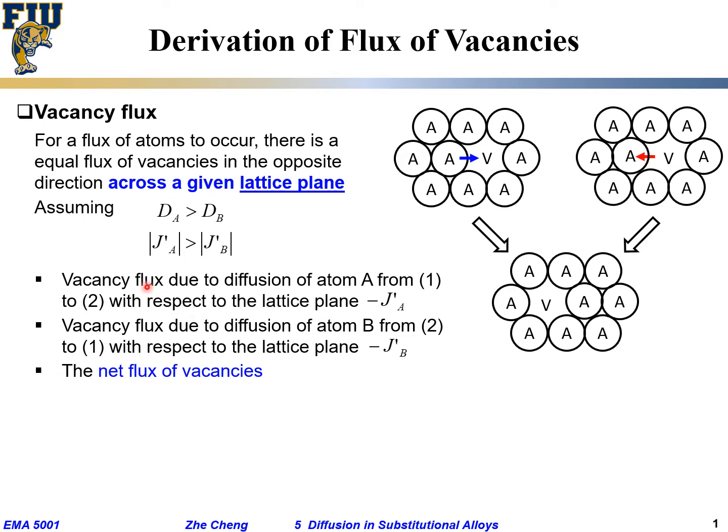So then we would think, okay, for A atom to move from 1 to 2, it would create an effective vacancy flux, JA prime, but minus. JA prime means what? JA means flux of A atom.